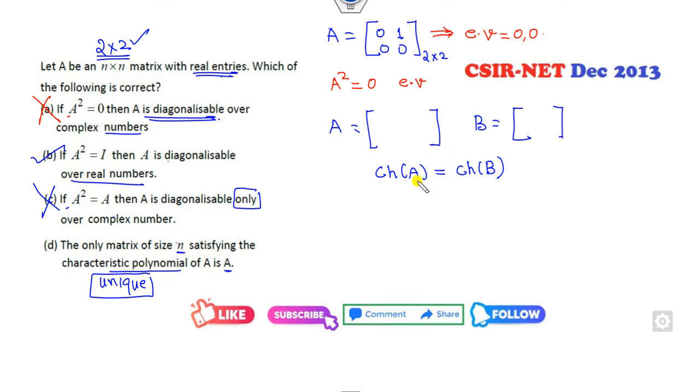If this condition holds, that means A is not unique. If A is not unique, this option will be cancelled out. I can think of a very simple example. Clearly A is not equal to B, but the characteristic polynomials are the same. So this option is also cancelled. Only B is the correct answer of this problem.